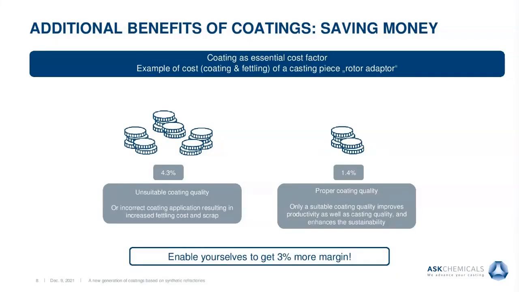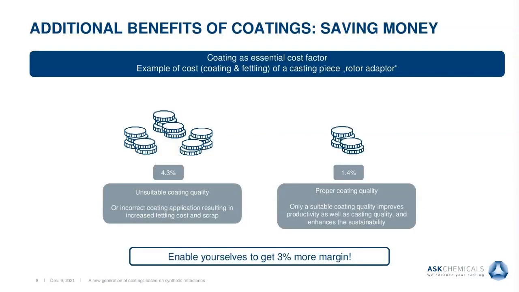If we select a good coating, certainly you can save a lot of money. Even though coatings are an essential cost factor, they provide you with added value. If you select an unsuitable coating quality or an incorrect coating application, you end up with increased fettling costs or even scrap.